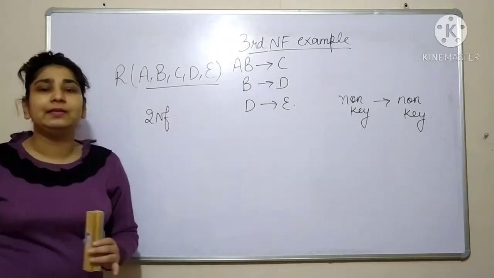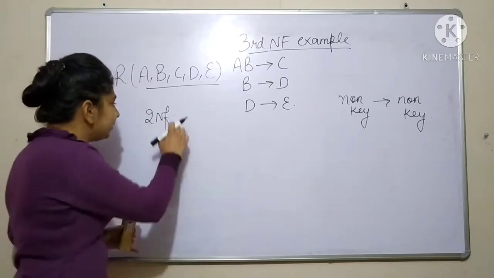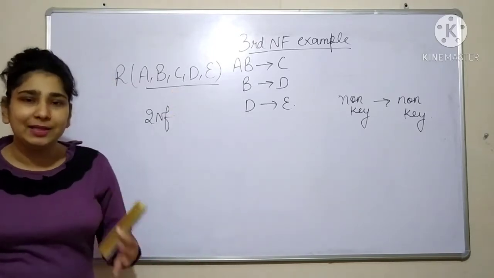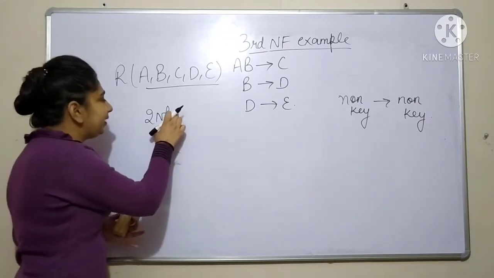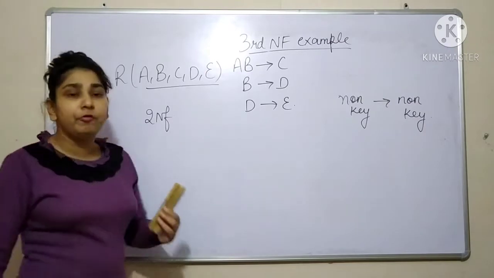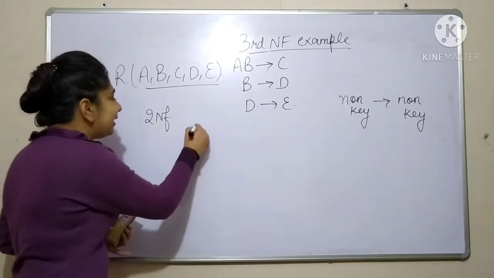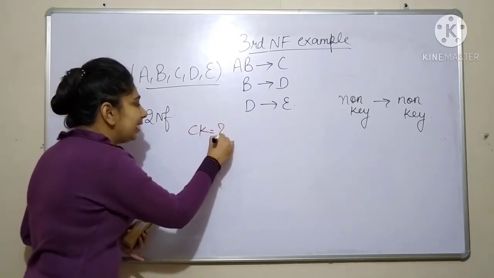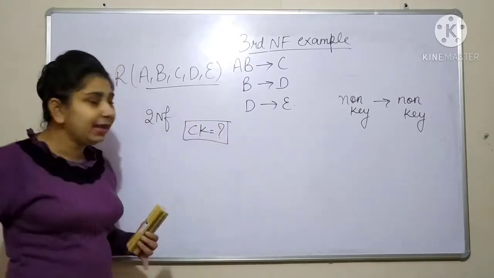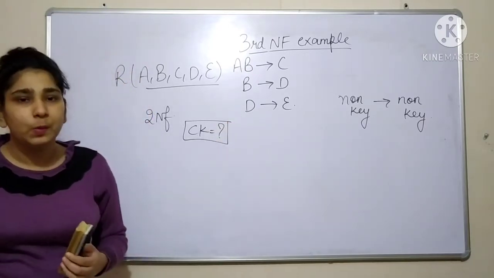If it is not, we decompose this relation into many relations and make it into the second normal form. Before moving ahead, we need to find the candidate key of this relation.